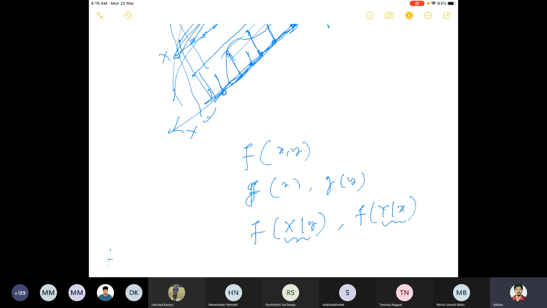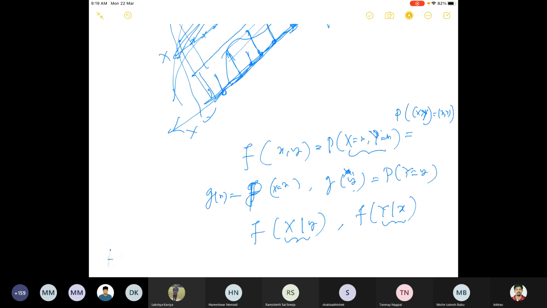We know that g of x is the probability of X equal to x, and g of y is the probability of Y equal to y. So this is a pair of random variables, and here you can also write the probability of X equal to x and Y equal to y. So here it is pairwise, here it is individual.